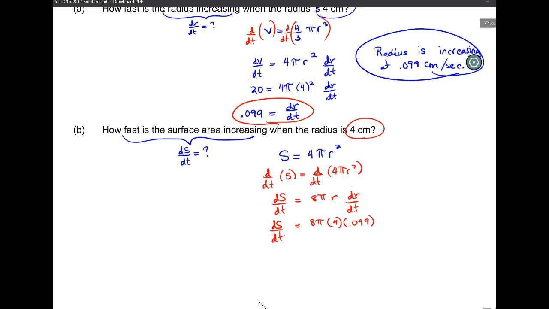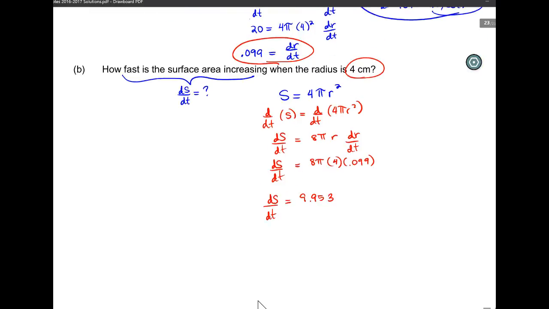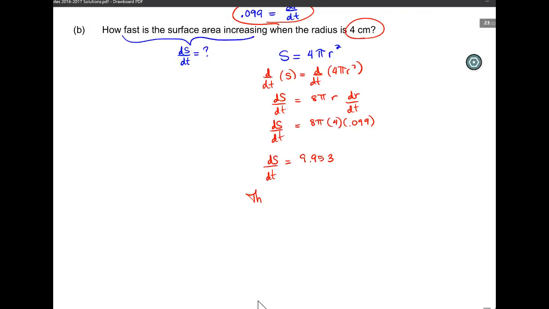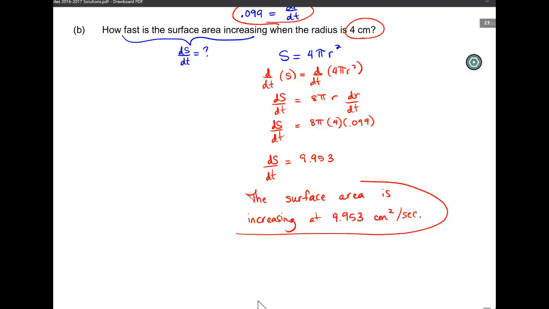So we're going to plug all that in. So we get dS dt equals 9.953. So the surface area is increasing at 9.953, and this is going to be square centimeters per second since it's area.